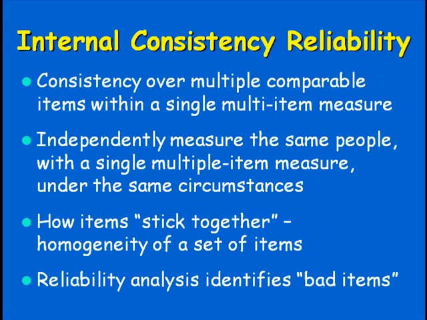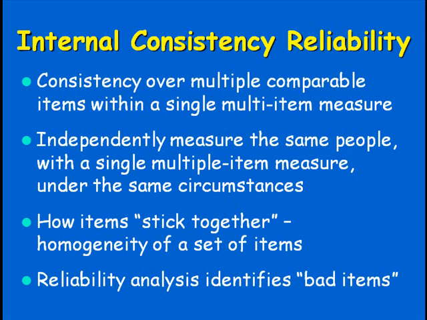And what I like to say is this is how the items stick together. This has to do with the homogeneity of a set of items. It's the consistency over multiple comparable items within a single multi-item measure. So it's looking at consistency among the items.